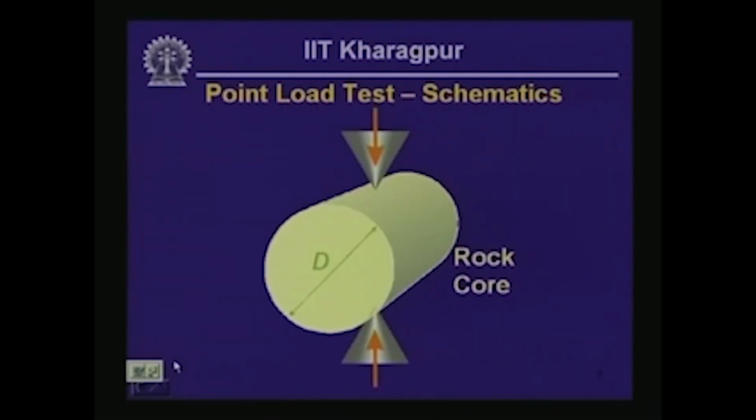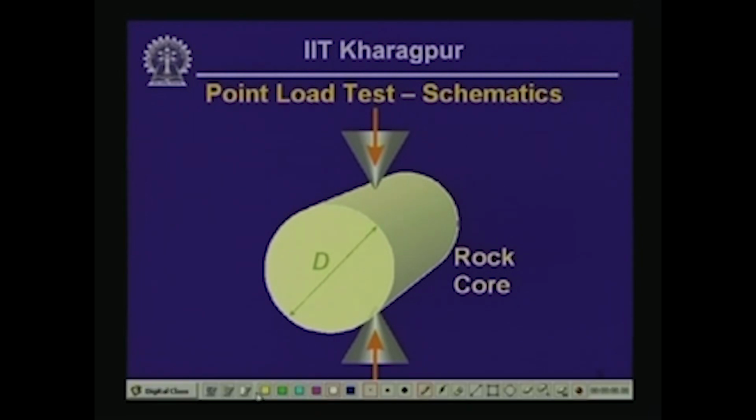Okay. So, the schematic of this particular test, the point load index test, is shown here. What you see here is the rock core that is noted there, and then the point load is applied using two sharp points.